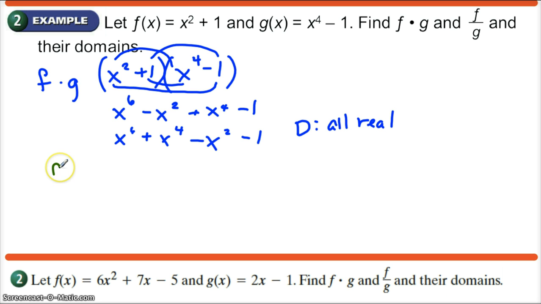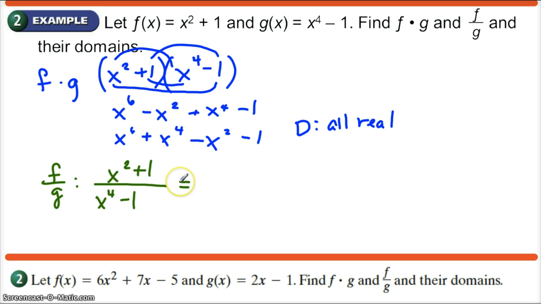Doing f divided by g, we get x squared plus 1 over x to the fourth minus 1. Okay, now this bottom is a difference of squares. X to the fourth is the same as x squared times x squared, and minus 1 is the same as negative 1 times positive 1.